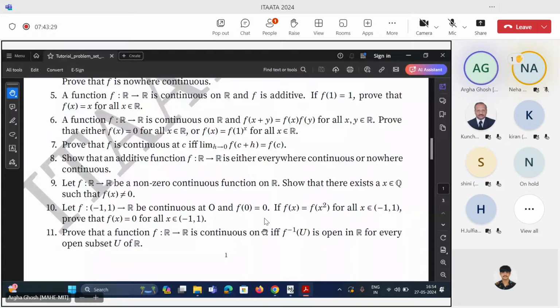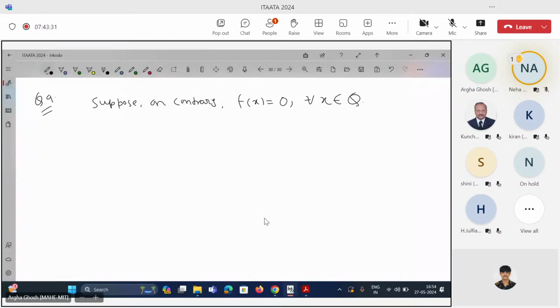Okay, I can also prove it in a different way. Let C be a real number. Any real number, rational or irrational, does not matter.